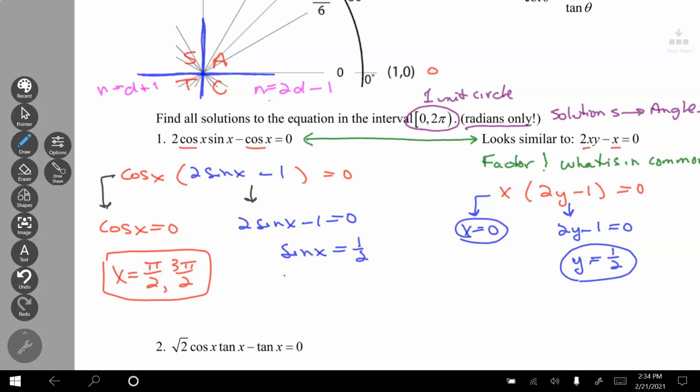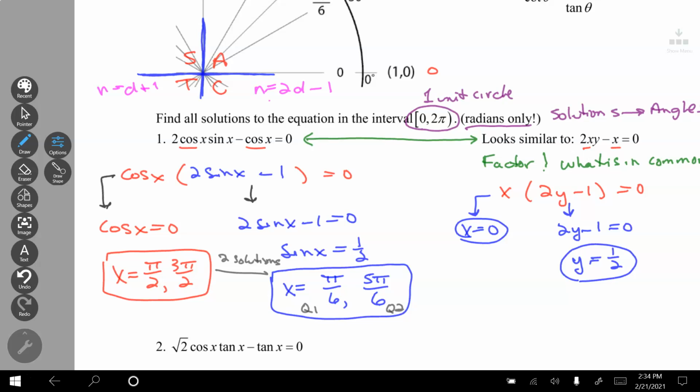Well, this is when x is equal to, well, positive, quadrant 1, pi over 6. And positive sine is in quadrant 2, 5 pi over 6. So I may make some notes here, because this is why I like radians so much better. Yes, this is in quadrant 1, this is in quadrant 2. But look, I have double solutions. I have 2 solutions for each part that I did here.